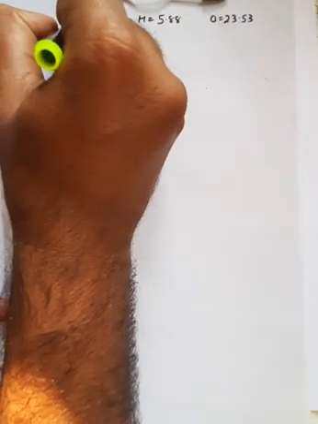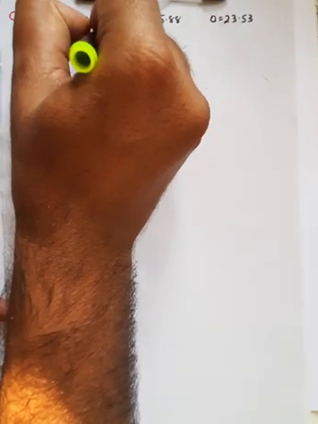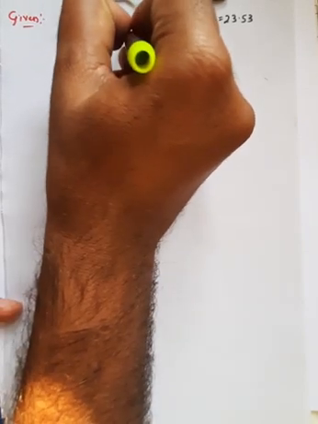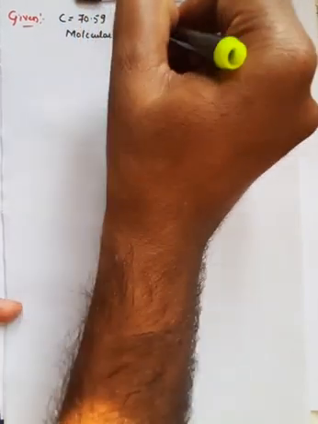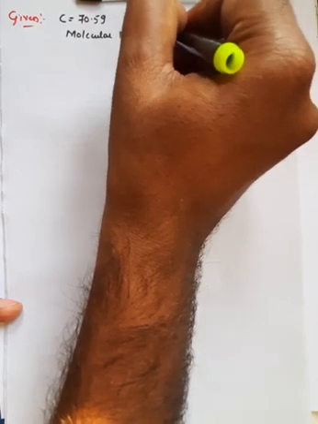Next they have given the molecular weight, the overall molecular weight of the compound, which is equal to 136. They have asked for the calculation of the empirical formula as well as the molecular formula of the given organic compound, right?